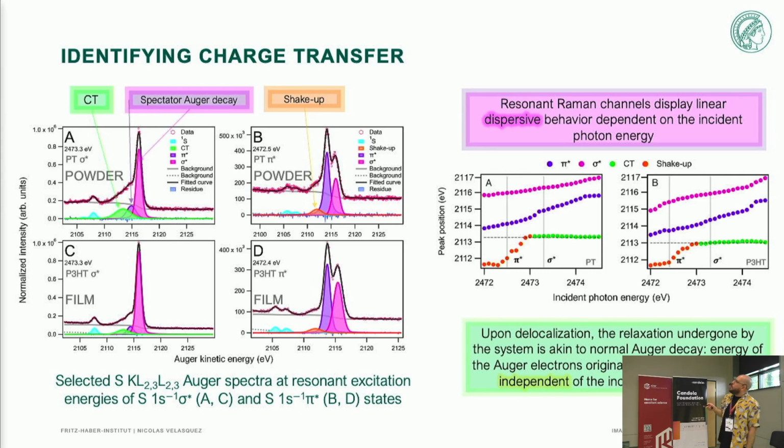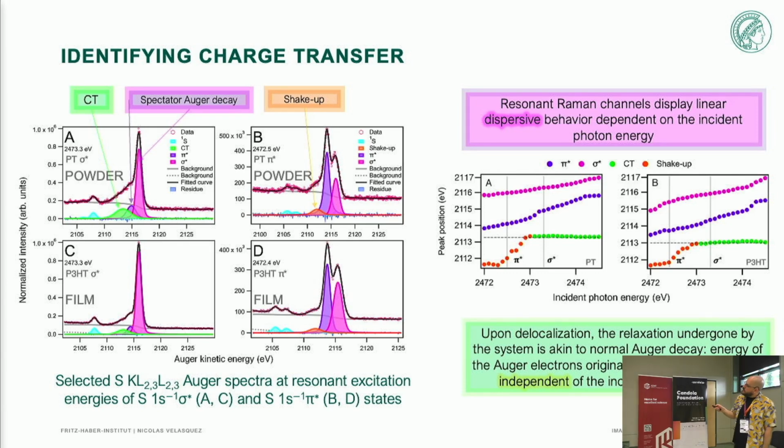Now, one reason we could not attribute it to charge transfer is because, as I mentioned at the beginning of this part, the CT channel is going to have the same final state as normal OJ decay, a two-hole final state, meaning that it will be characterized by a constant kinetic energy which is not dependent on the incident photon energy.